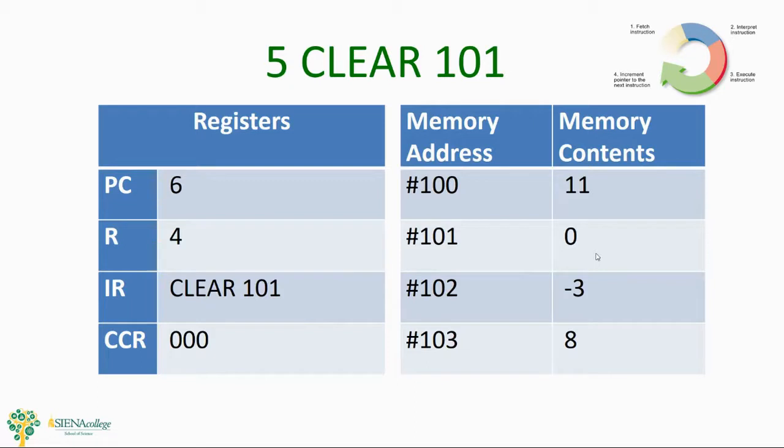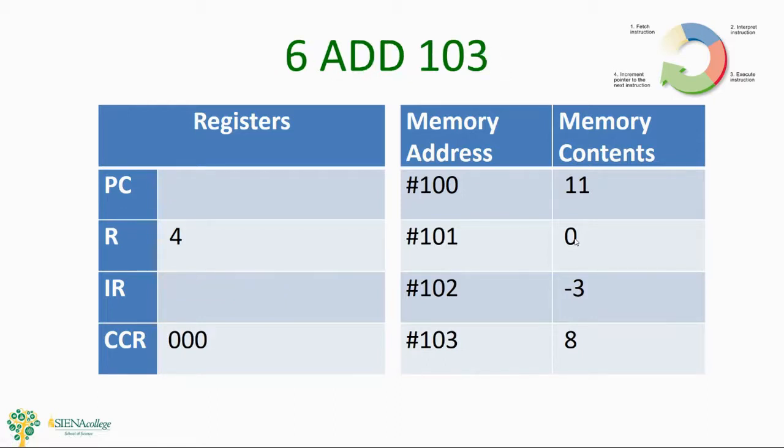And instruction 6. Now I'm going to clear this a little bit differently so we can do several steps together. So right now our program counter has a 6 in it, and it says we want to add 103. So step 1 is fetch. Add 103.